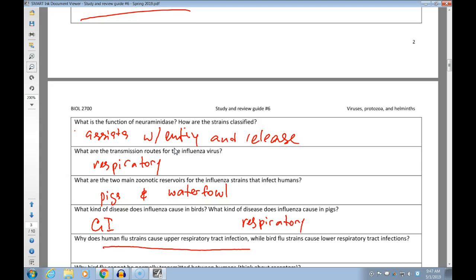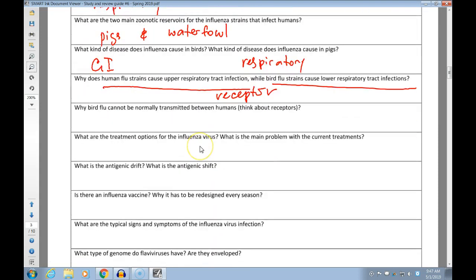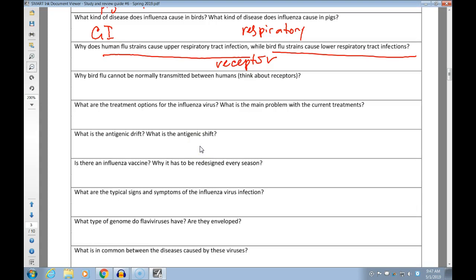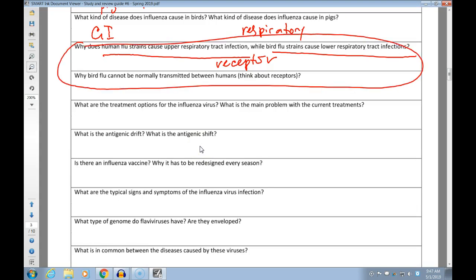So human flu causes upper respiratory tract infection, and the bird flu causes lower respiratory tract infection in humans. The answer is receptor. Remember, bird flu cannot be transmitted between humans because the receptor for the bird flu is in the lower respiratory tract and transmission is not easily possible. So that's kind of the answer together.